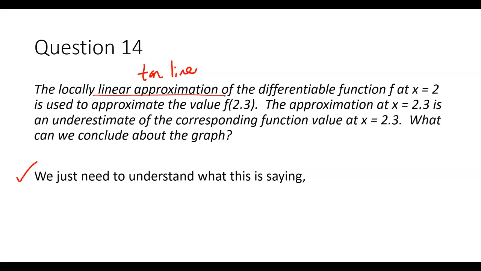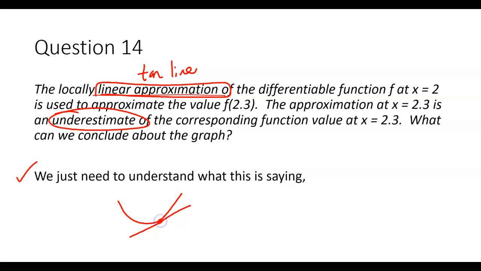So basically, when we see that there's a linear approximation, we know we're talking about a tangent line to some function. Now it tells me that this tangent line is an underestimate. How would you draw that? How can you draw a function where the tangent line is an underestimate of the actual function? How about like that?